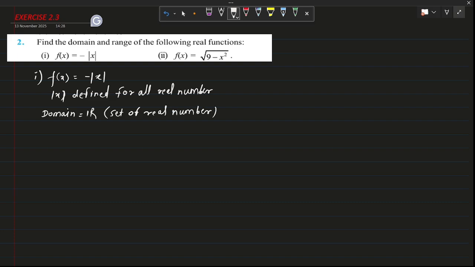Then the range is nothing but the collection of those elements in the codomain having a pre-image.